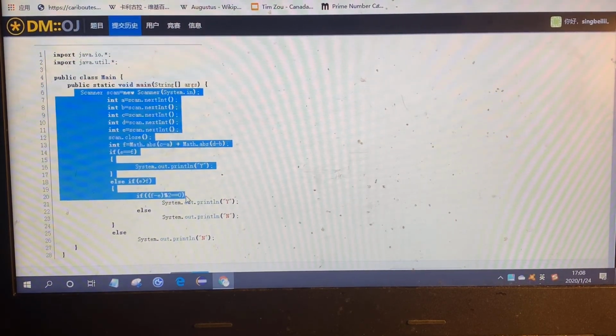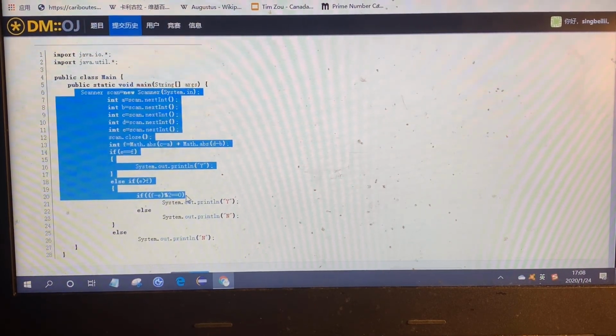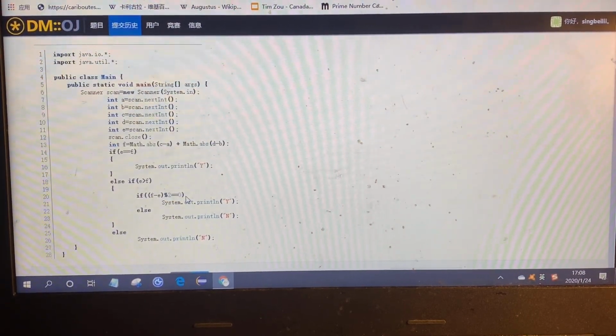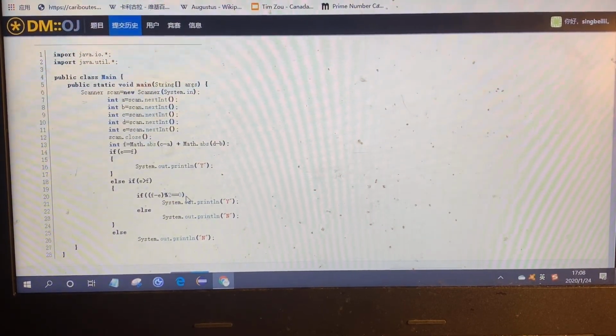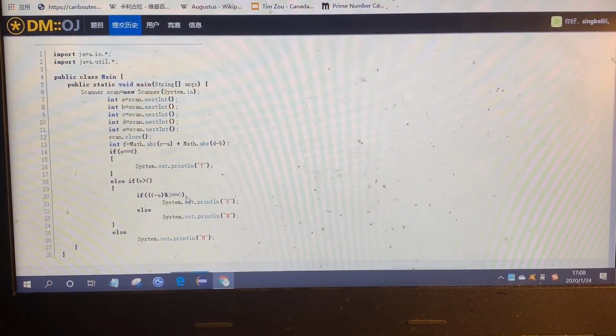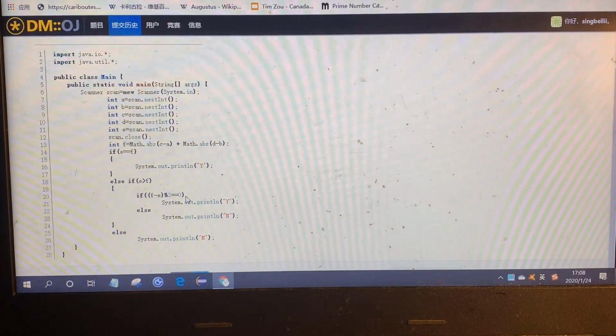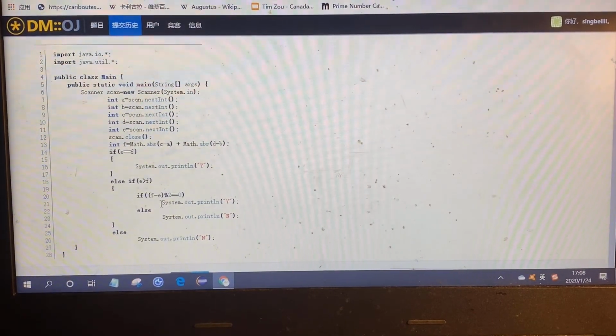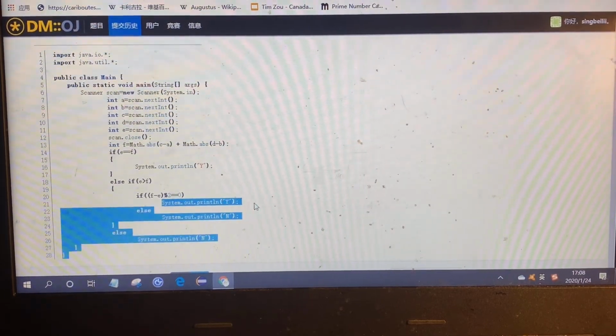If E minus F divided by 2 has a remainder of 0, which means that F and E are both odd numbers, or F and E are both even numbers, this will lead to the result of yes.